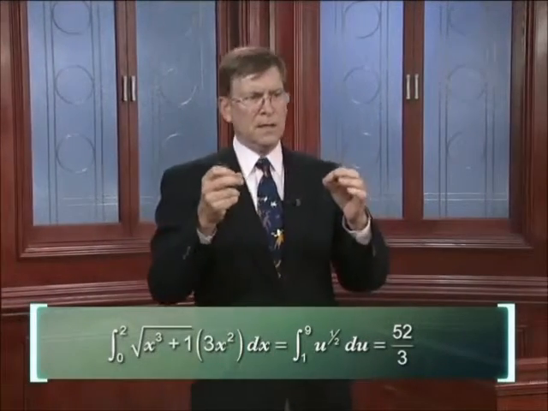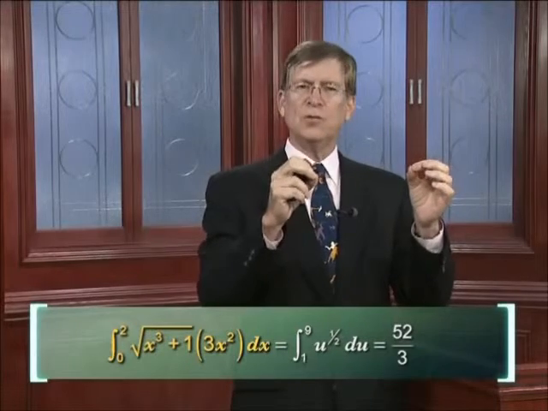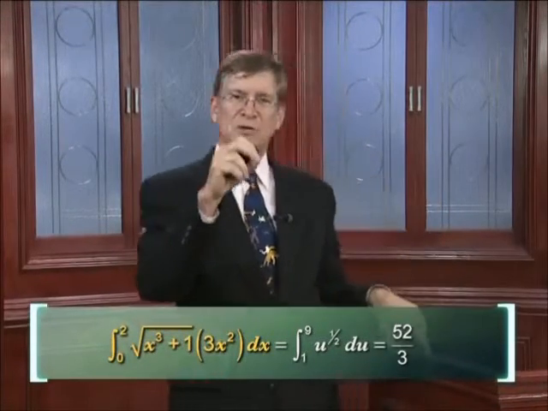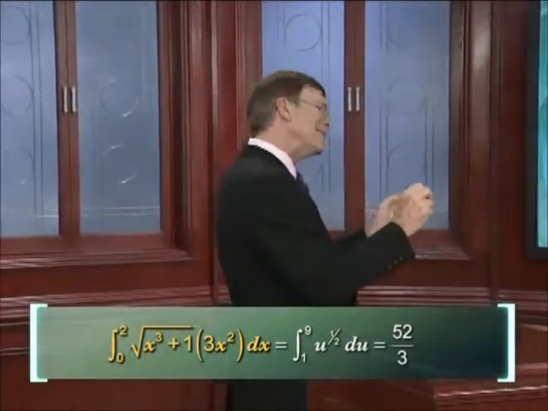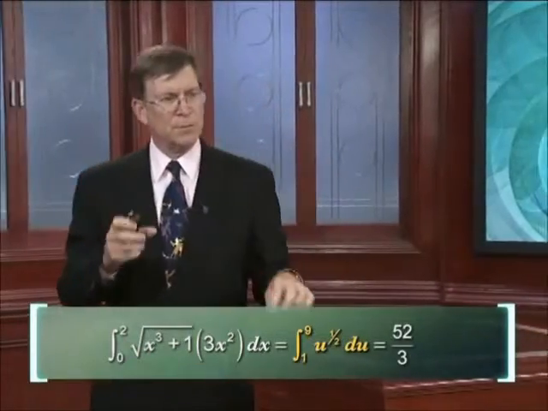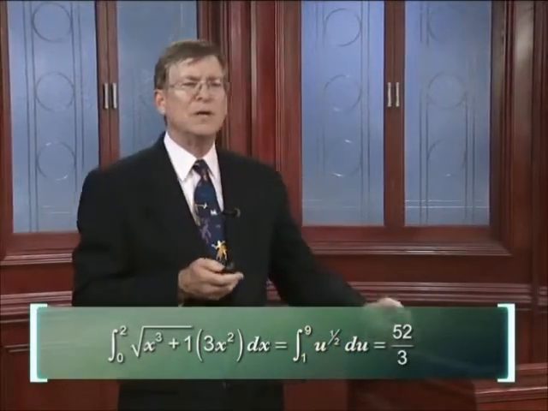So the area under the original curve, x cubed plus 1 square rooted times 3x squared, between 0 and 2, is precisely the same area as under the square root function between 1 and 9. Let me show you a couple of pictures here.